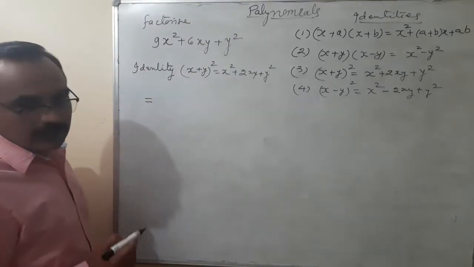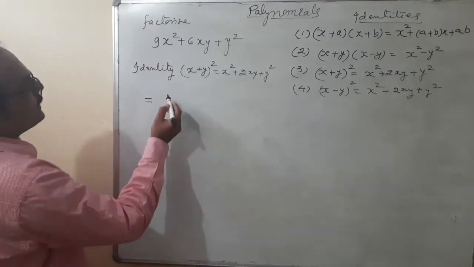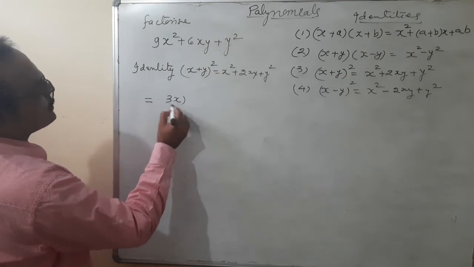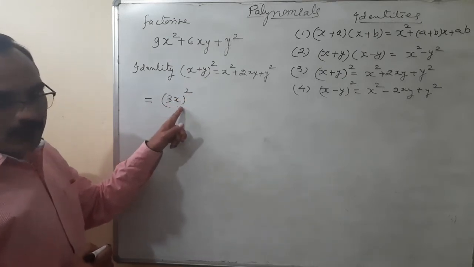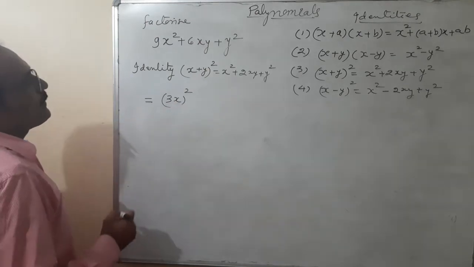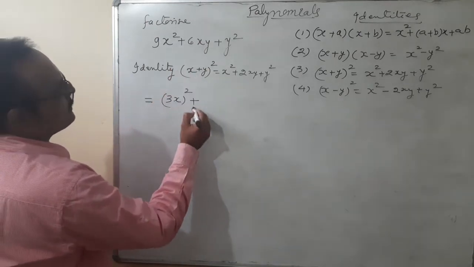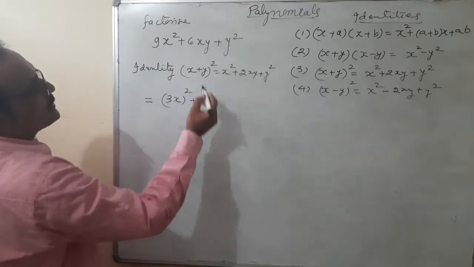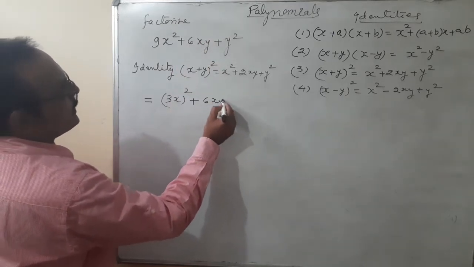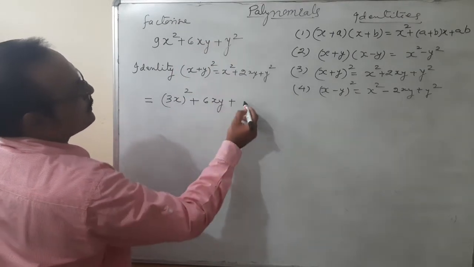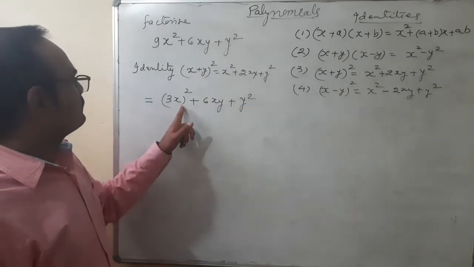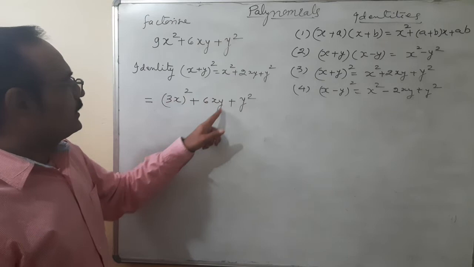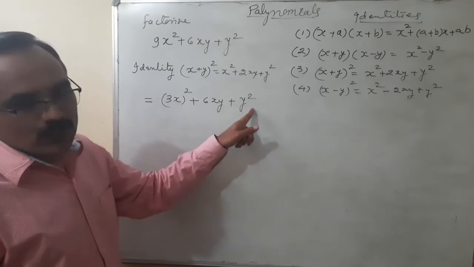How? 9 can be written as 3 into 3, so may I write 9x square as 3x whole square? Then 3 3s are 9 into x square. Plus, I am not disturbing this term, writing as it is, 6xy plus y square. Is that okay? First term square plus 2xy plus y square.